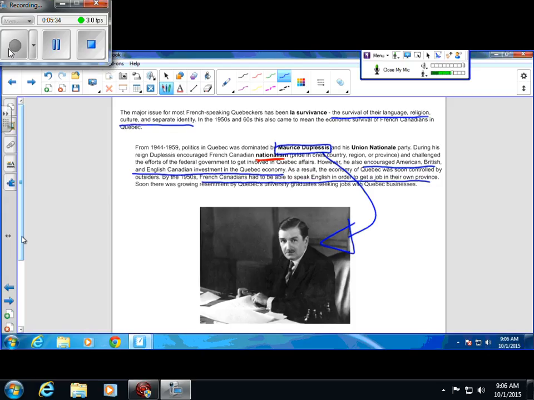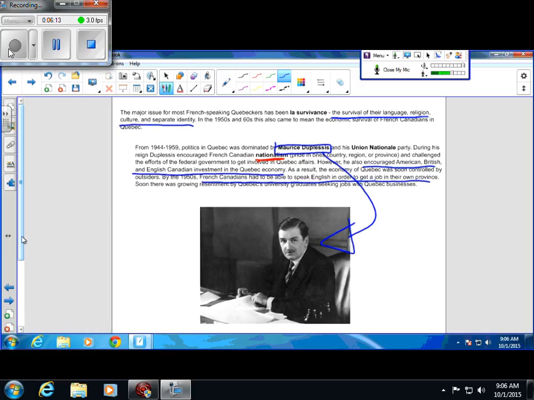Maurice Duplessis really encouraged nationalism. He was the premier of the Quebec province during this time period, and he encouraged American, British, and English Canadian investment in the Quebec economy. As a result, the economy of Quebec was soon controlled by outsiders. By the 50s, French Canadians had to be able to speak English in order to get a job in their own province.